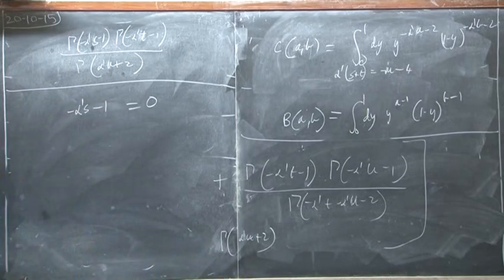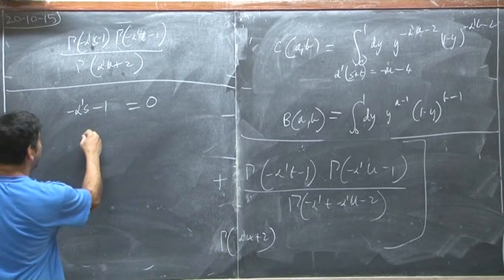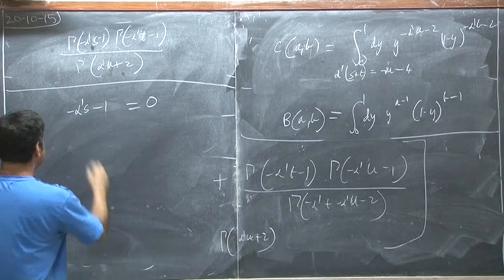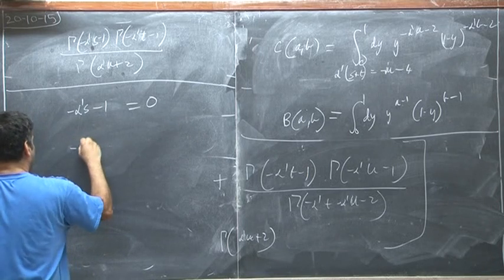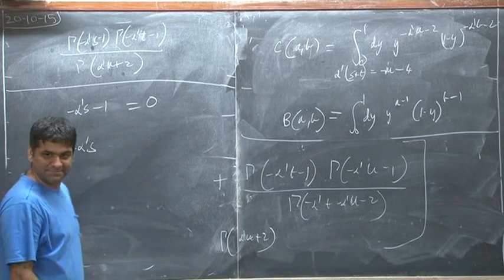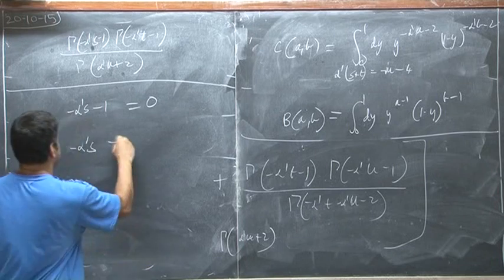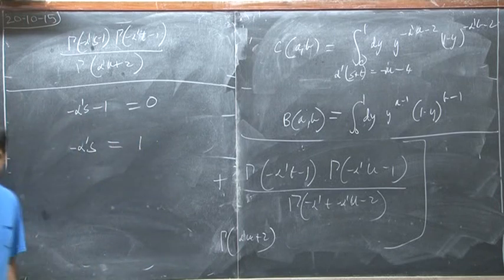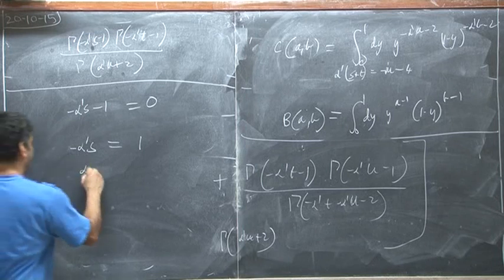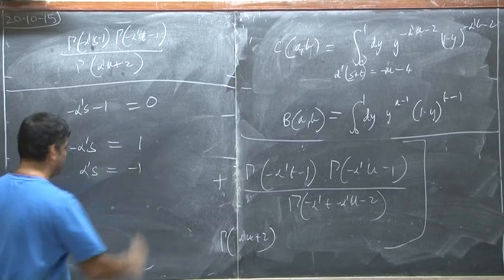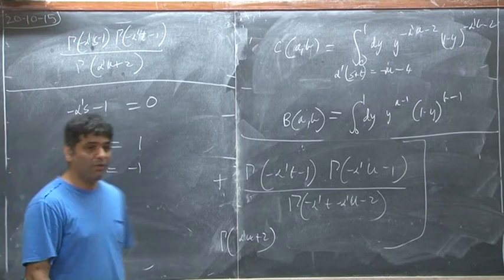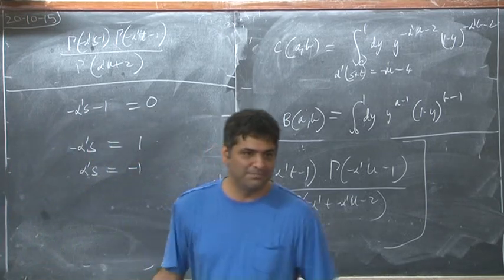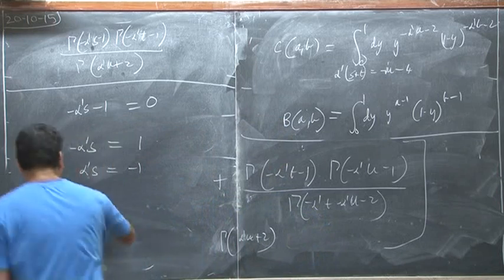Now where does that happen? This occurs at minus alpha prime s equal to 1. So alpha prime s is equal to minus 1.